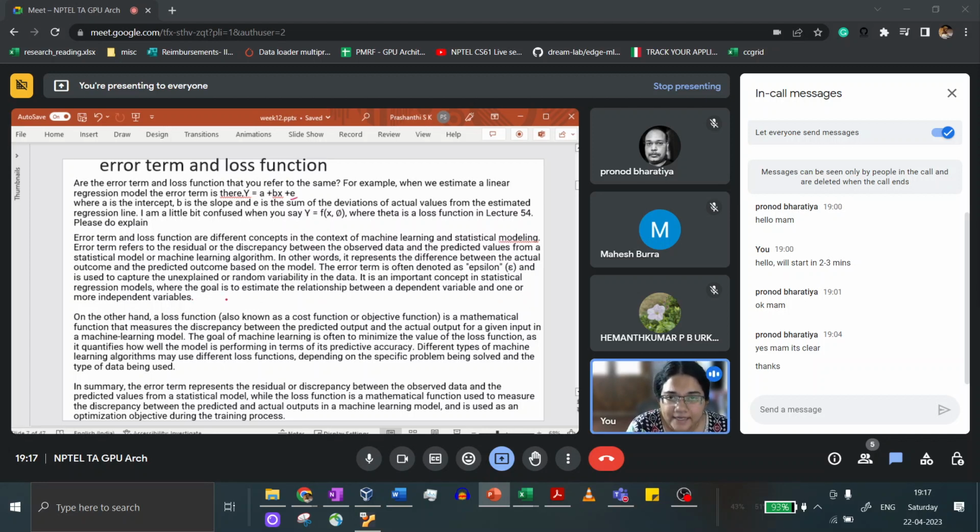So very simply, your model tries to predict something, right? And usually the predicted outcome is, let's say, y dash, and your actual outcome is y. So if you want to see how far apart y dash is from y, the difference between the two, or the distance between the two, is your error term, right?